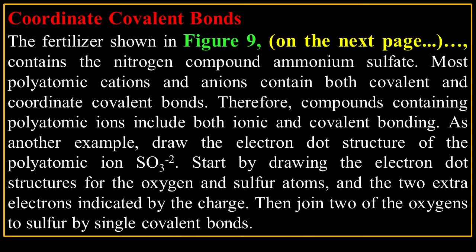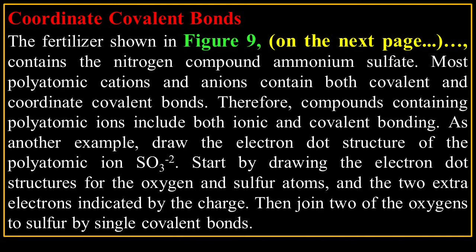Most polyatomic cations and anions contain both covalent and coordinate covalent bonds. Therefore, compounds containing polyatomic ions include both ionic and covalent bonding. As another example, draw the electron dot structure of the polyatomic ion SO3, sulfite, with a 2- charge.